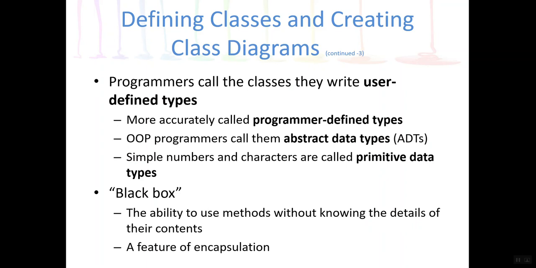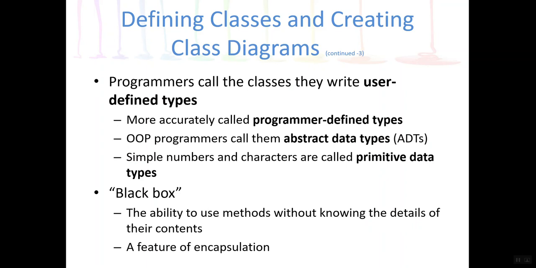In pseudocode, that was our num and our string, and when we were working with Visual Basic, it was our integer, our double, and our string, for example. So we're going to create a class, and it's going to utilize this concept of a black box.